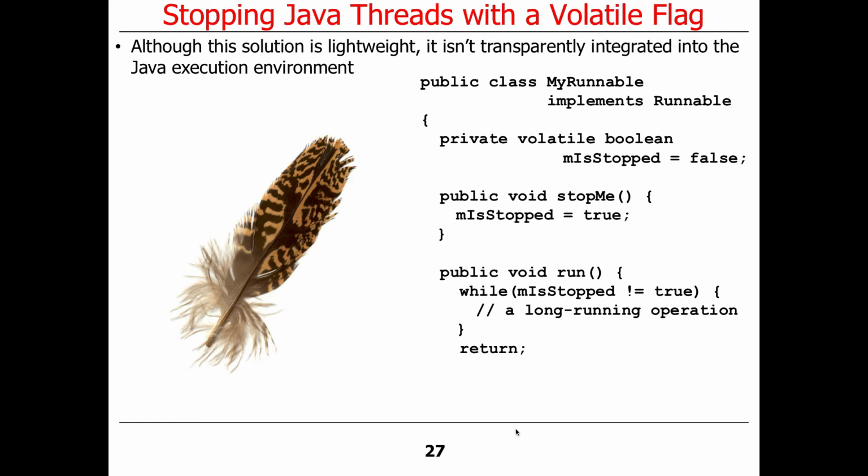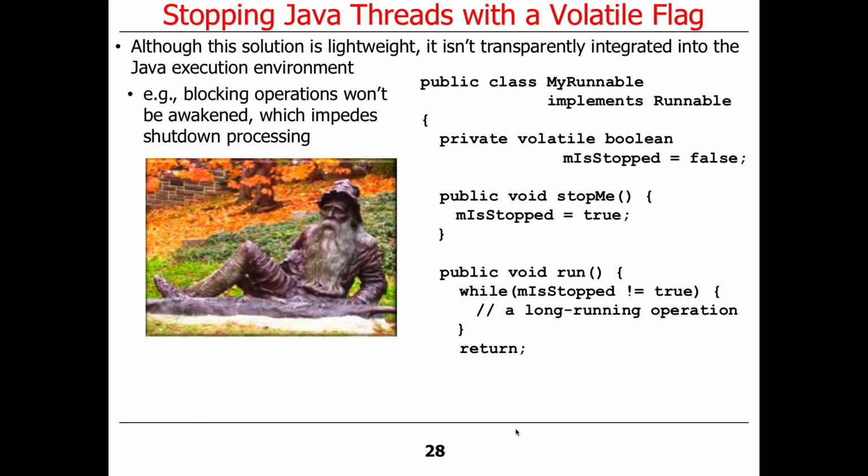So if there are any methods that block for any reason, they're not going to be able to be interrupted. If you try to do some kind of a read operation, or you try to wait on a semaphore, or basically anything that's a blocking operation, those blocking operations don't know anything about your mIsStopped flag. So despite the fact that a thread has set it, the thread that's blocked doesn't care that this has happened.